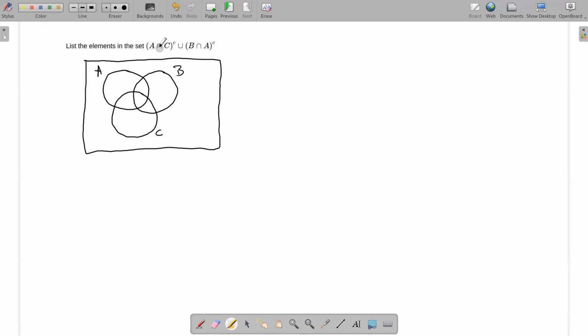So A intersect C. Here's set A, here's set C. When I intersect them, I get only where they overlap, which is this region right here. The complement would be everything outside of that. So the complement is everything out here, outside of that intersection.